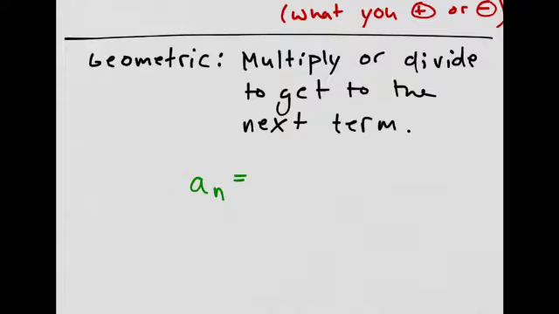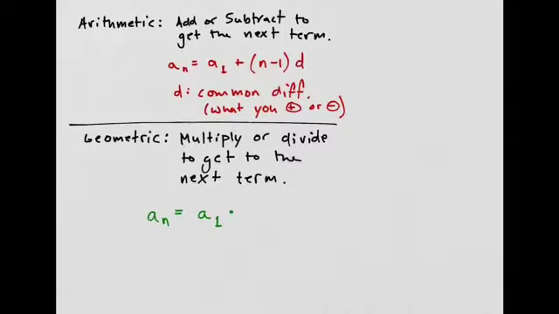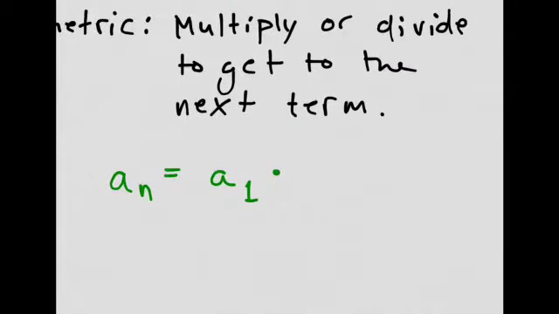That's going to equal, again, the first term, a sub 1, times, and instead of the common difference, since we're multiplying, we call it the common ratio. It's just what we're going to be multiplying.